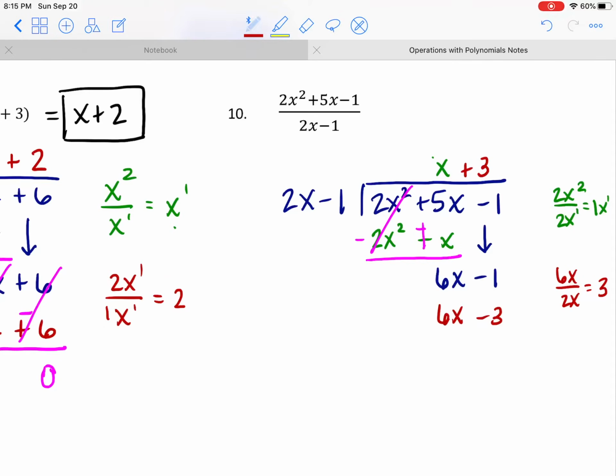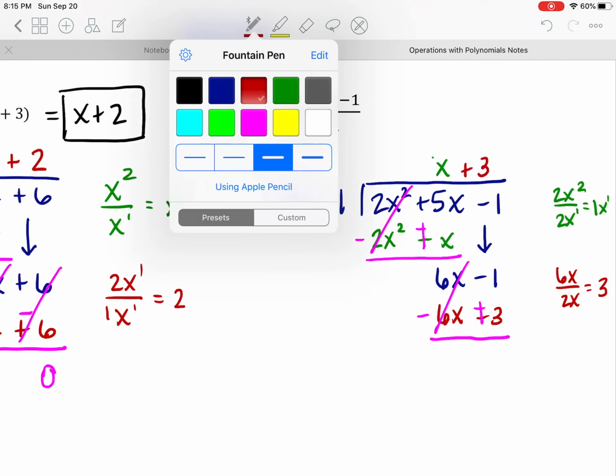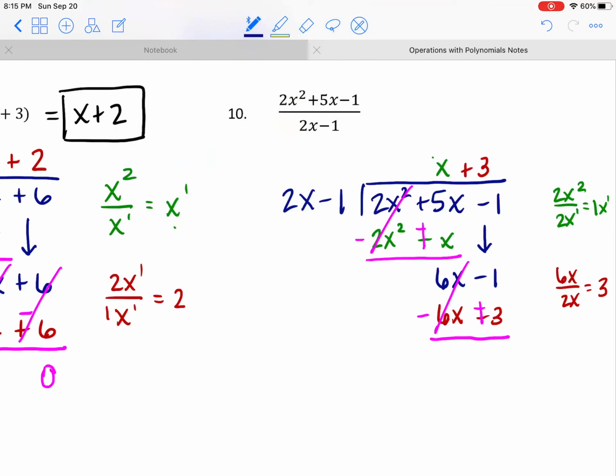And now I want to subtract. So I'm going to draw my line, change that, and then again a double negative here is going to make that a plus, so I change that. These will cancel, and then negative 1 minus a negative 3, or plus 3, is going to make a 2 here. Now since there's nothing left to bring down, I'm done.